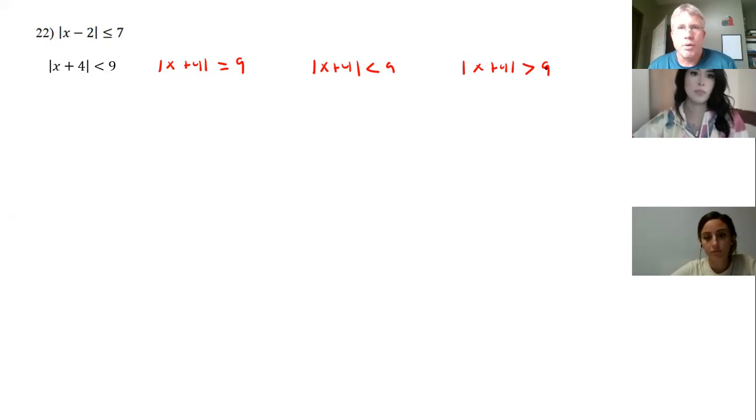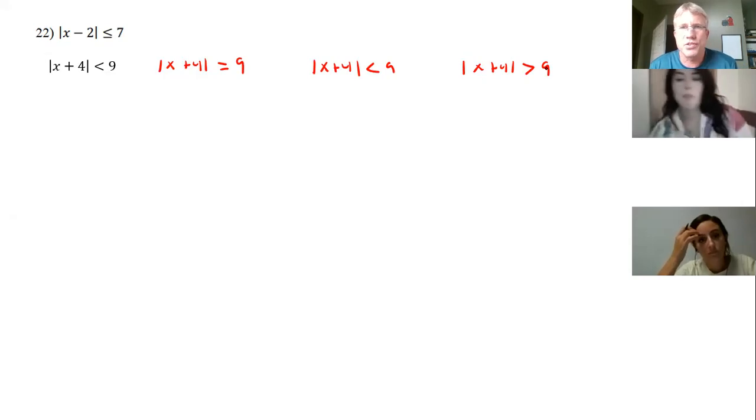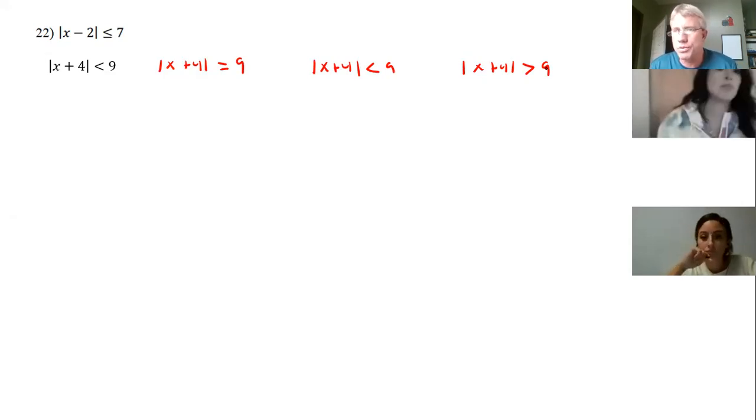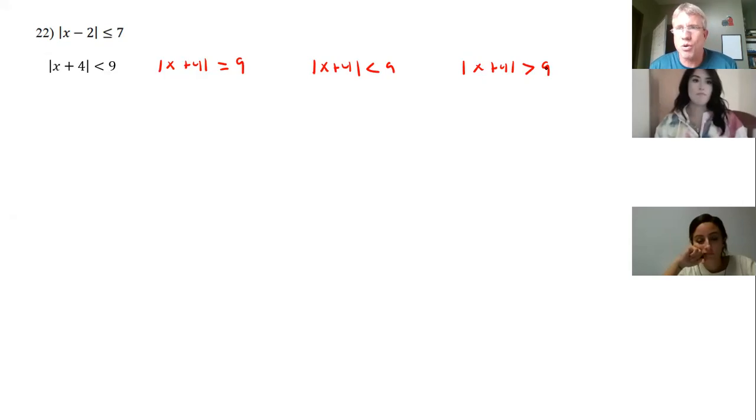Fundamentally, what you have to be able to do is be comfortable with the symbol, regardless of the symbol that's used. That's the whole point of all of those absolute value videos that we did. We started out with the equality, and then we went to inequalities. We want you to be able to handle them however they're fed to you. The key to understanding an inequality is to understand the equality.